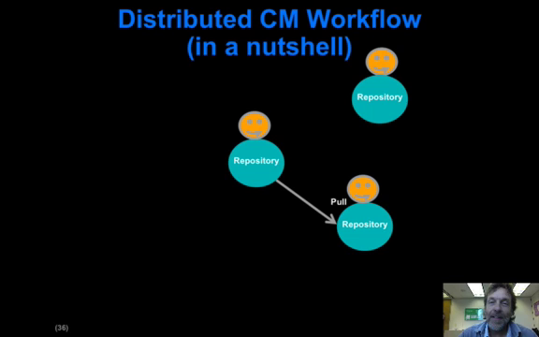Okay, and in essence, that's really the fundamental aspect: you've got people making copies of repositories, you've got people making commits to their local repositories, and then you can either push or pull in order to share information from repositories and blend changes from what one person's done into what another person's done.